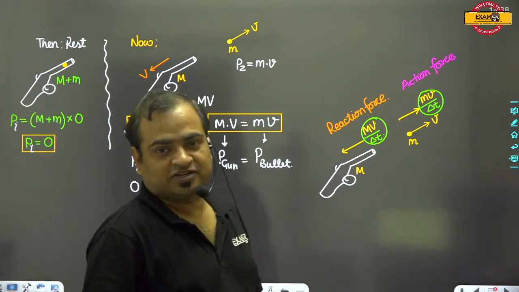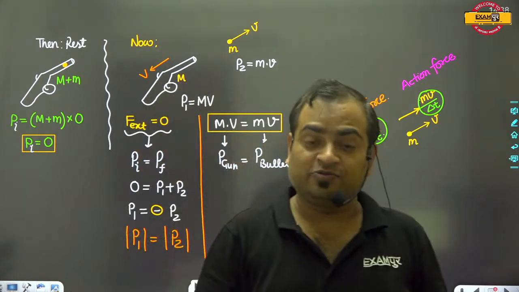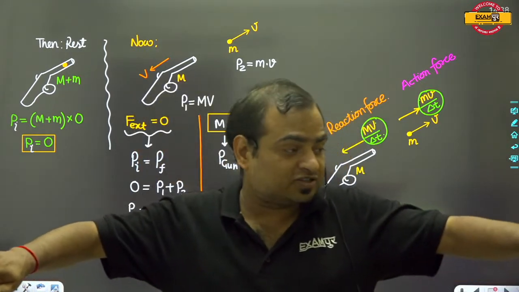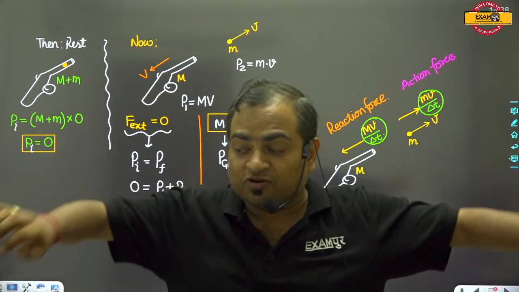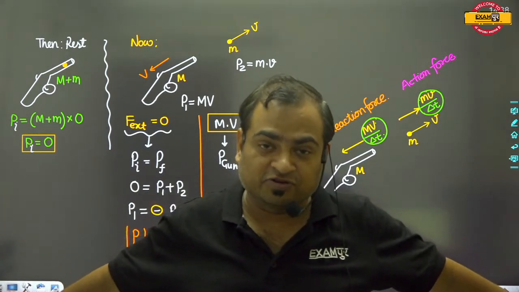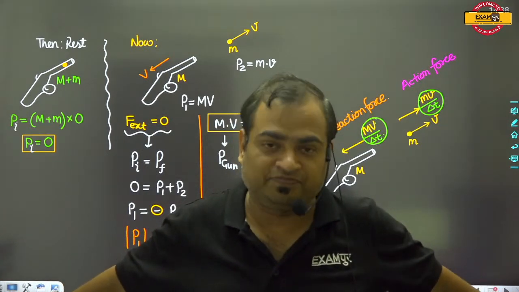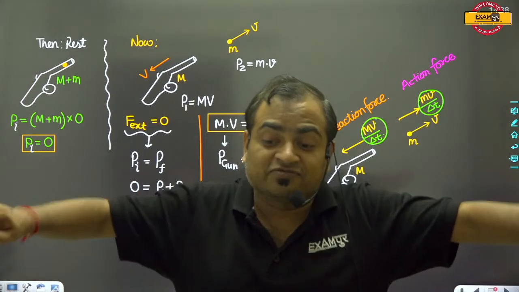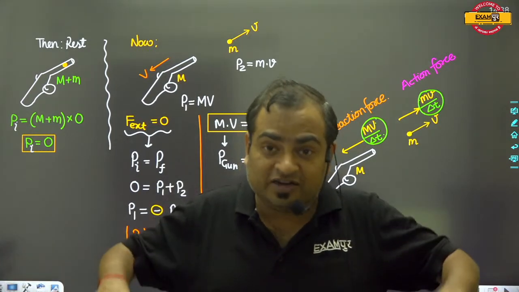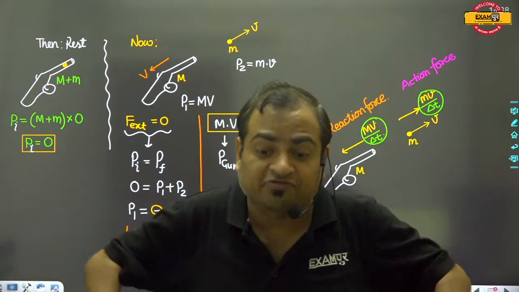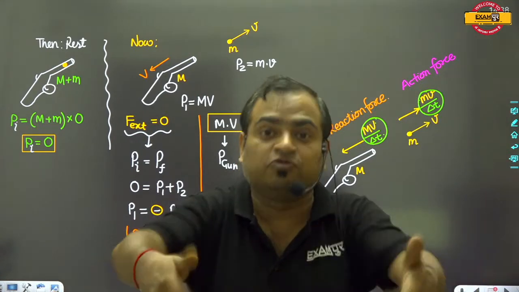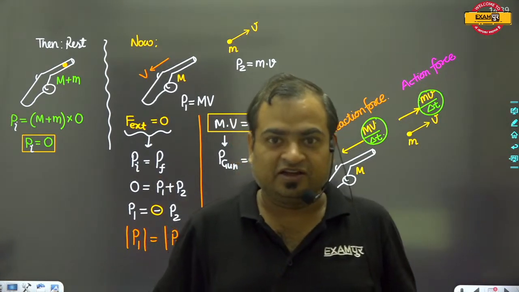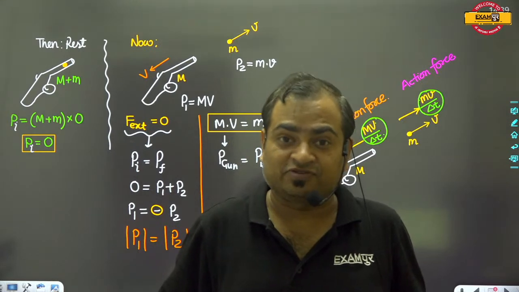There are many examples based upon Newton's third law of motion. Suppose you swim in the water, then obviously you apply some force on the water towards the backward direction of your motion. You want to swim, you apply force in this direction, then you get a reaction from the water in the forward direction, and you move forward. This is just because of the reaction force.